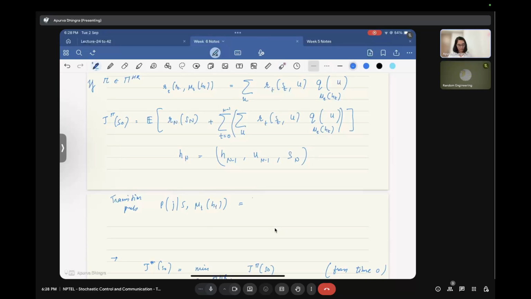So this just boils down to, let's say we're talking about some ut, then we need to consider the probability of getting to that action ut using policy mu t, which is history dependent, and the history is ht.